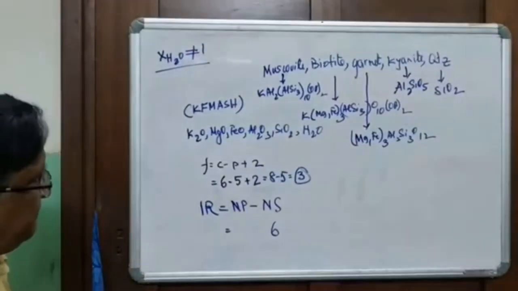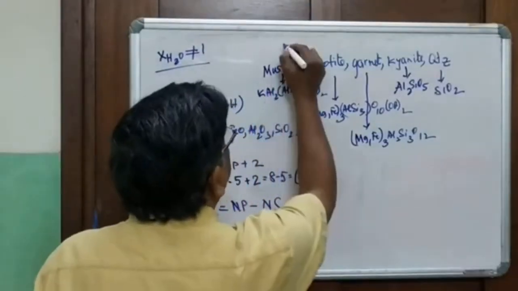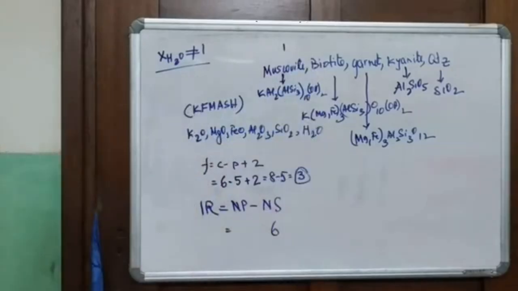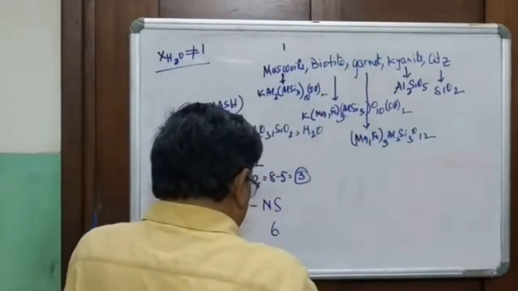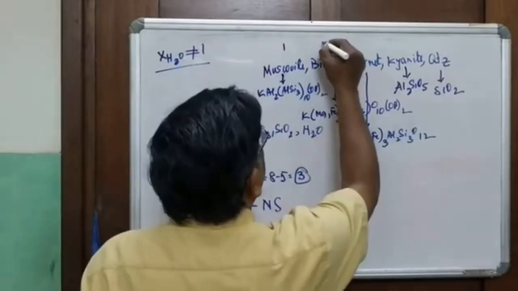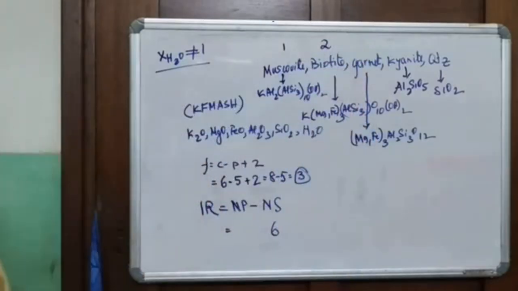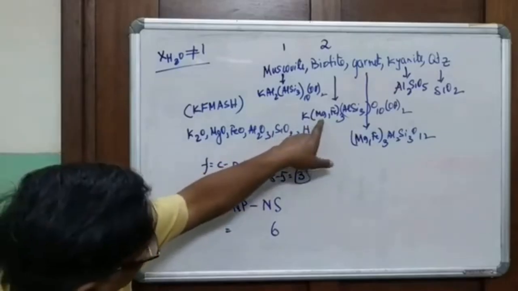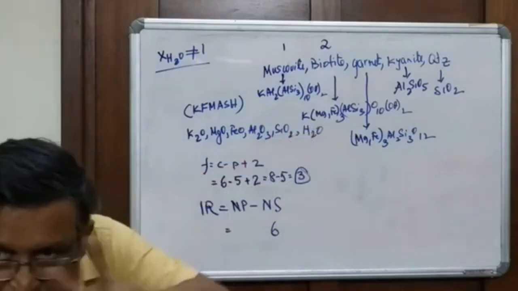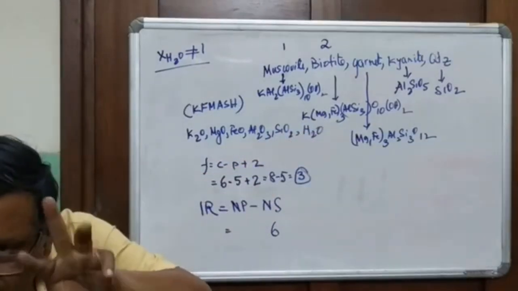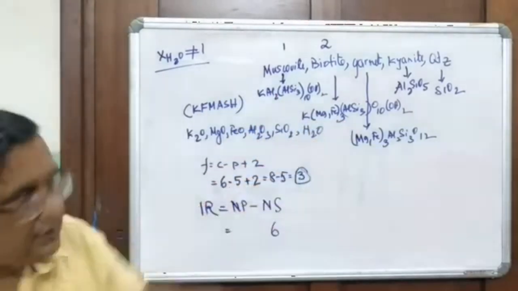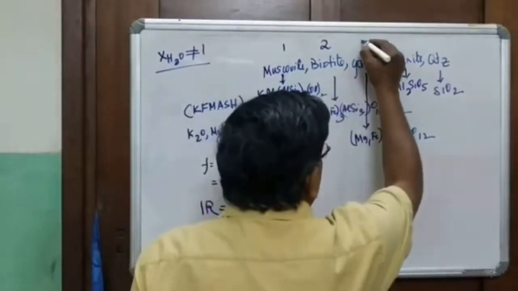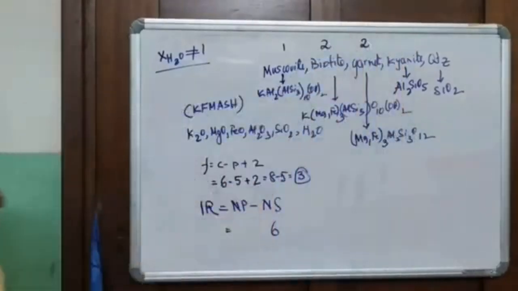How many? For muscovite, it's 1 because it's a pure phase. For biotite, the number of phase components is 2. Why? Because phlogopite, annite. XMg plus XFe in biotite equal to 1. So there are 2 phase components. For garnet, again 2.